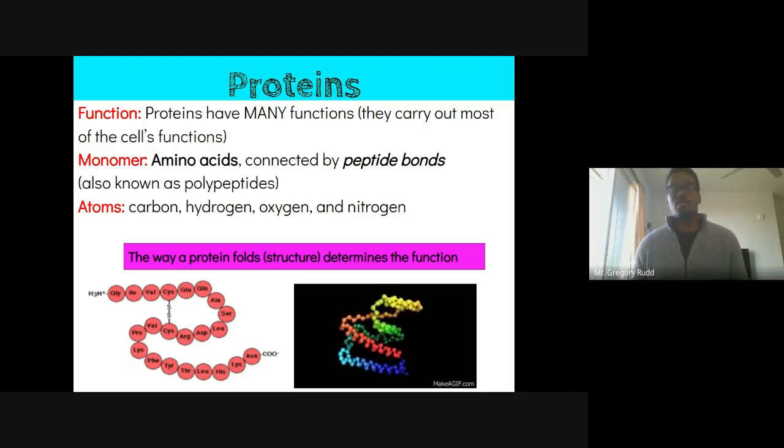Those are proteins. The chemicals that you taste when you bite into a juicy steak or piece of pizza, those are proteins, or salad. So proteins serve most of the functions for living organisms. In fact, most of the cell itself is made of some type of protein.